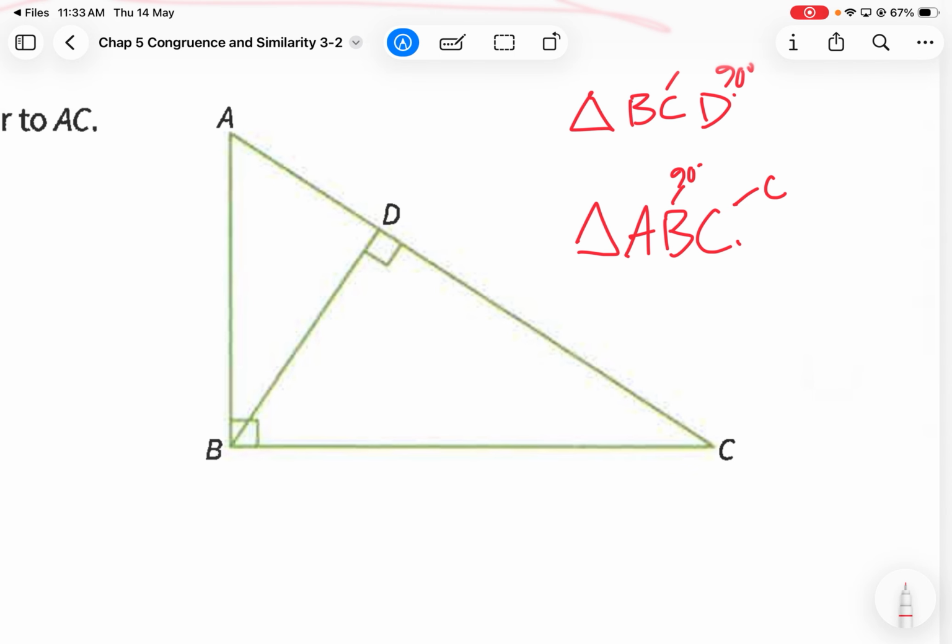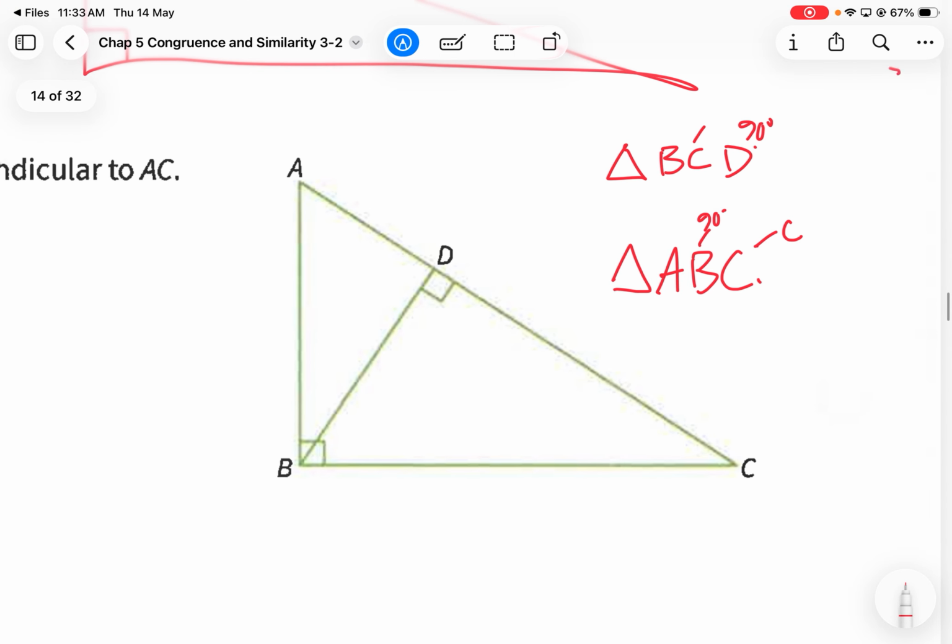The big one and the small one, they are both C. And in the triangle, if I know this is 90, this is C, definitely this angle A must be 180 minus 90 minus C. Then for my angle B, it is also 180 minus 90 minus C. So actually angle A and angle B, they are the same.